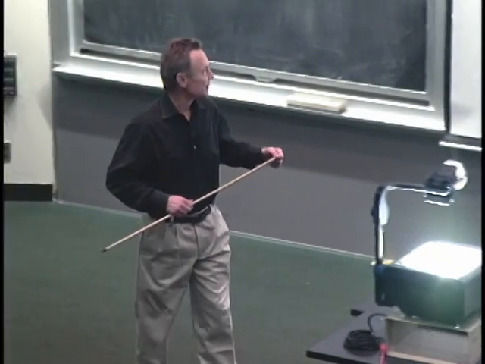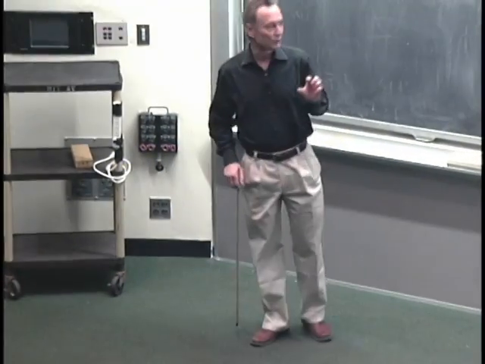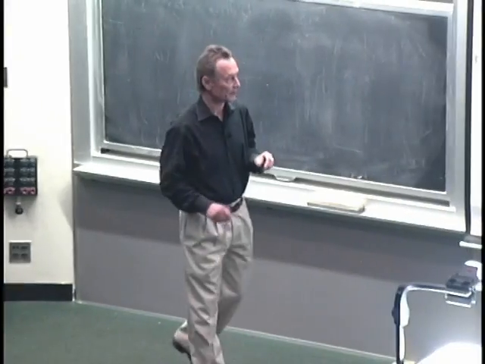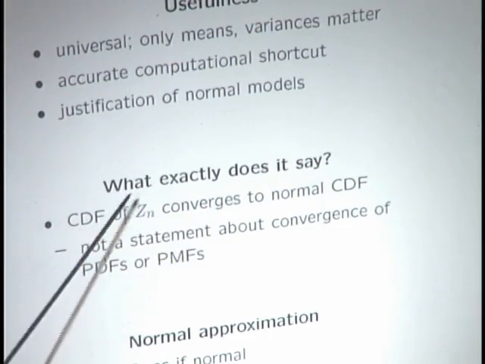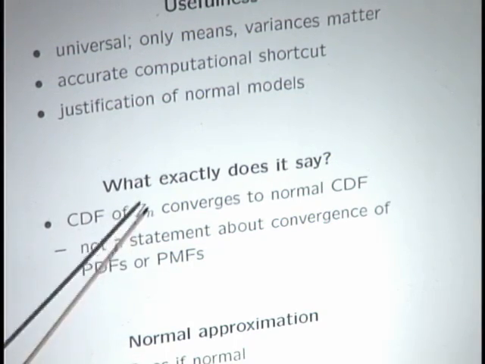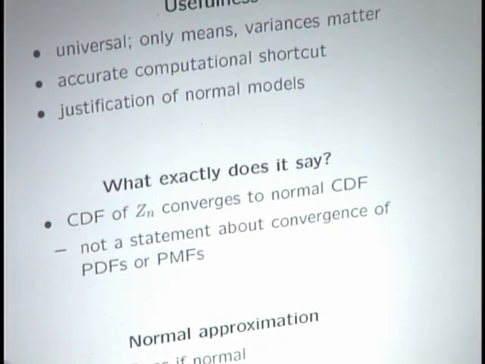On the more accurate mathematical side, it's important to appreciate exactly what kind of statement the central limit theorem is. It's a statement about the convergence of the CDF of these standardized random variables to the CDF of a normal. So it's a statement about convergence of CDFs. It's not a statement about convergence of PMFs or convergence of PDFs.